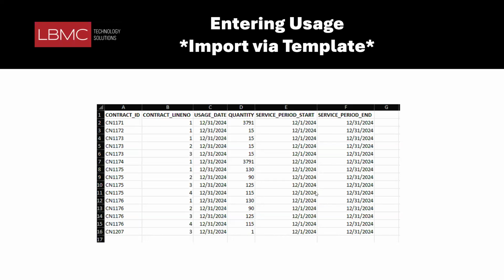You're going to be able to download a template from Intact, and you will just need to plug in your data. As you can see here, there's really not much that you have to plug in. Here's the benefit though. I'm not having to do it onesies, twosies like my manual user interface. I'm able to add multiple contracts, multiple contract lines, multiple usage dates, all in one import file.